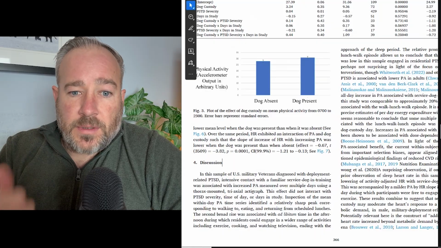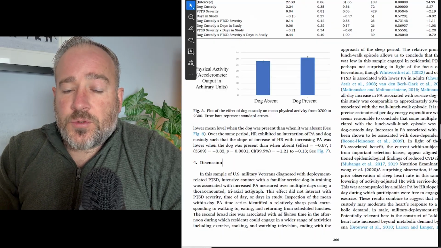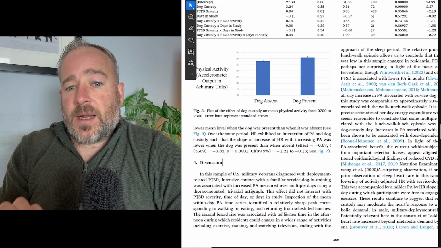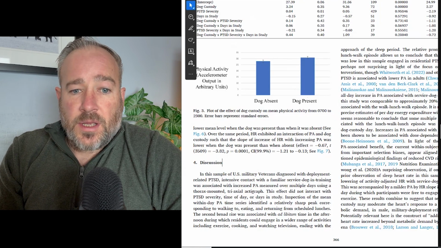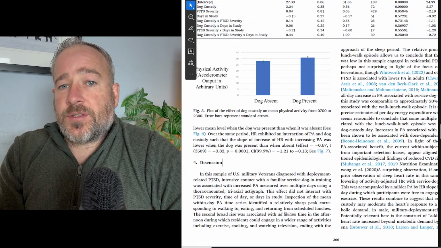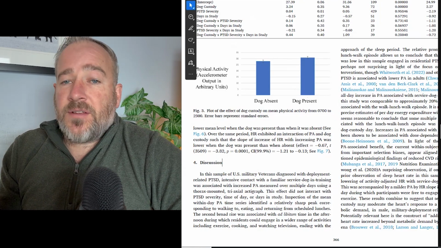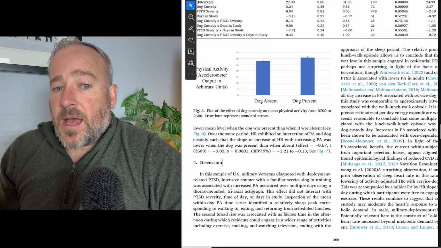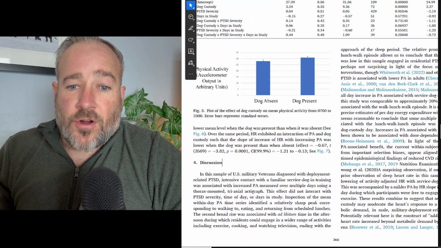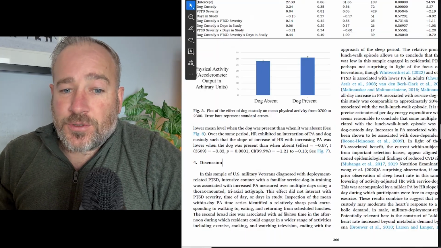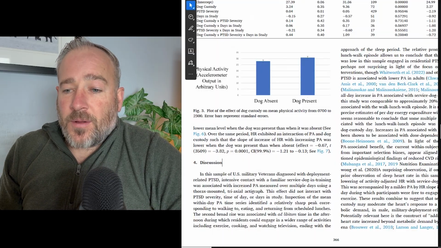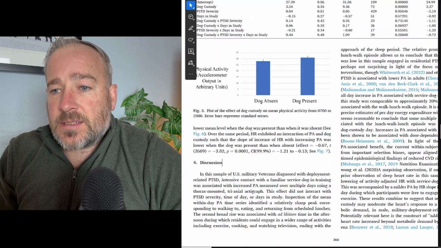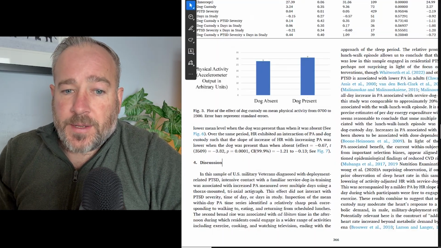So the discussion is really where the authors put their findings in context. Here they suggest that service dogs may increase daily physical activity and may reduce extra heart rate linked to emotional arousal. I think that in this study, it's really about heart rate variability.